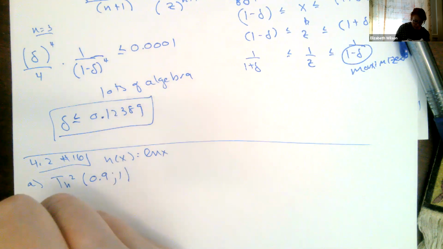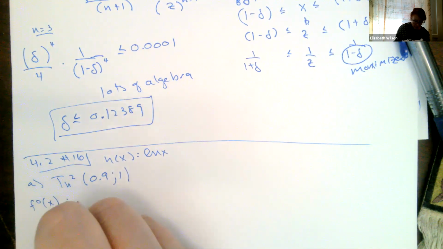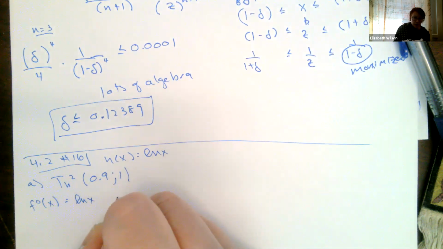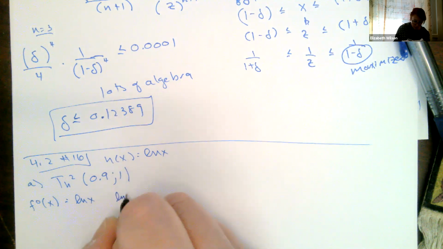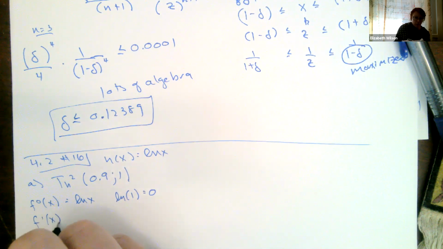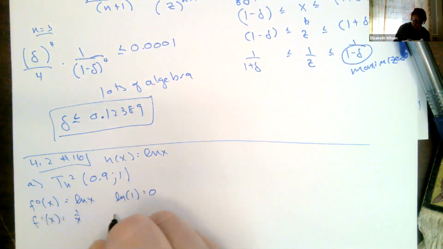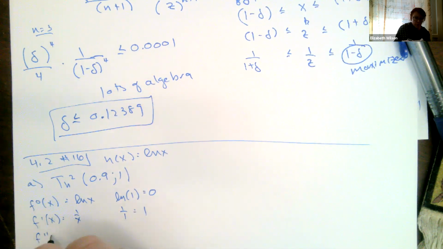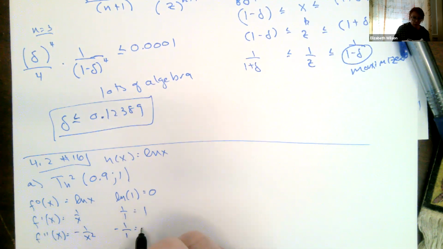So my 0th, I'm deriving these now, ln of x, which gives ln of 1, which is 0. So I'm doing my derivatives, my whole table again. It's just second order, so I only have to go up to my second derivative.